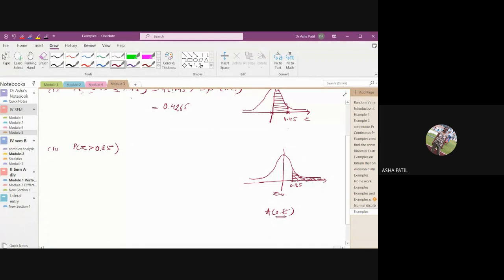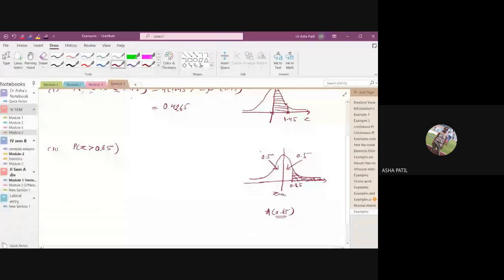But what we want is 0.85 and further. Now we know that the area to the left side and to the right side of the line Z equal to 0 is 0.5 each. Total area is 1 under this normal probability curve.